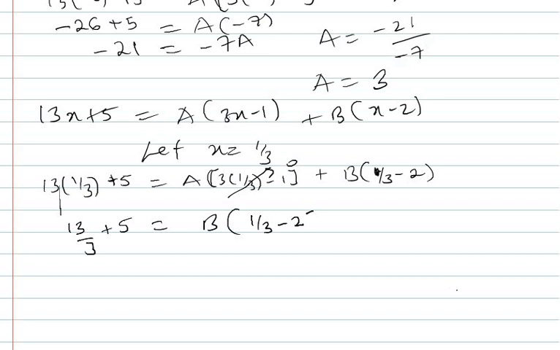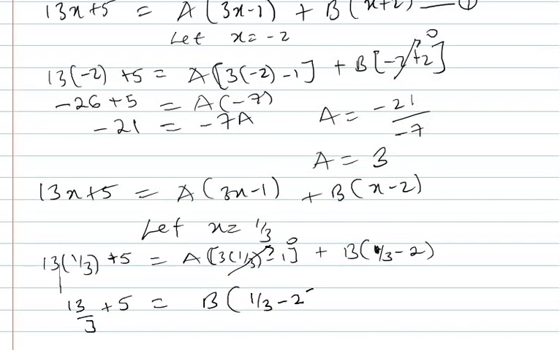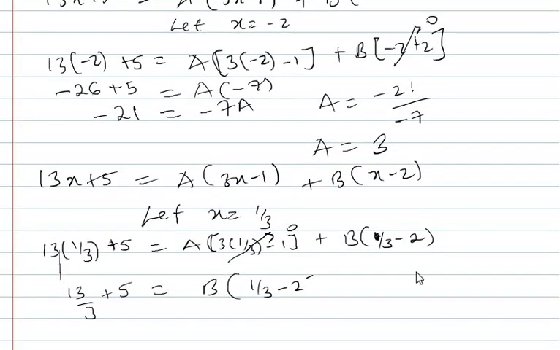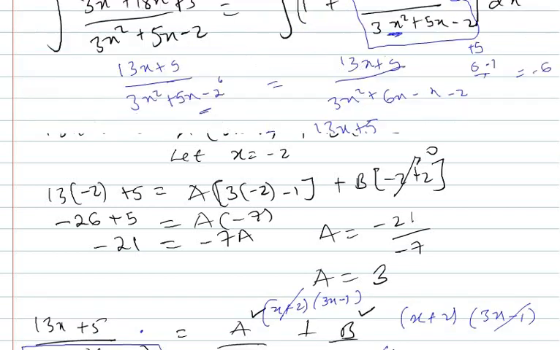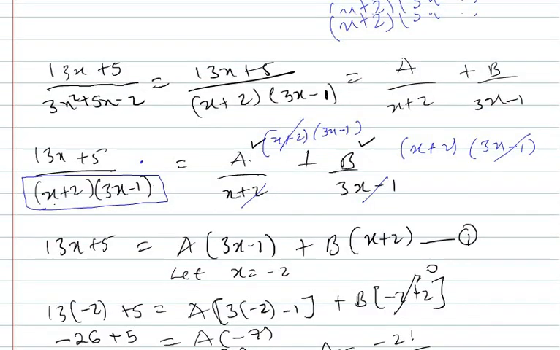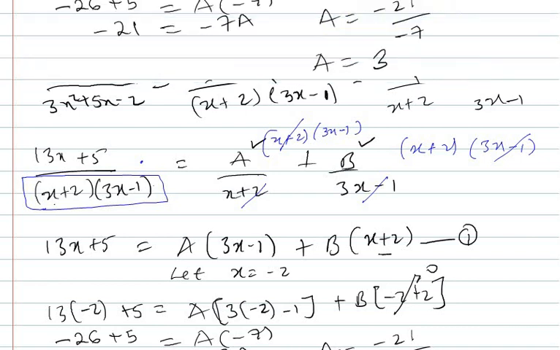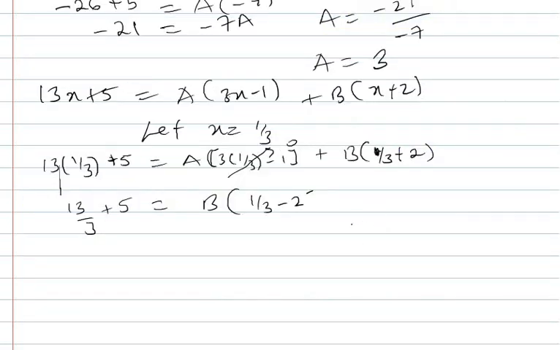Is this minus 2 or plus 2? It's plus 2, sorry. So here is positive. From equation 1, let's confirm. Yes, from equation 1 here is positive, so we can use positive also. So we can say here is positive.